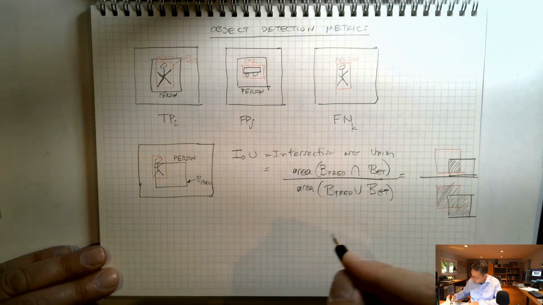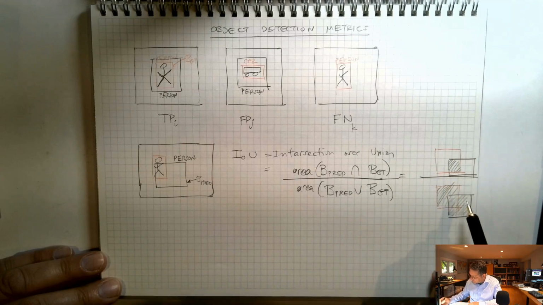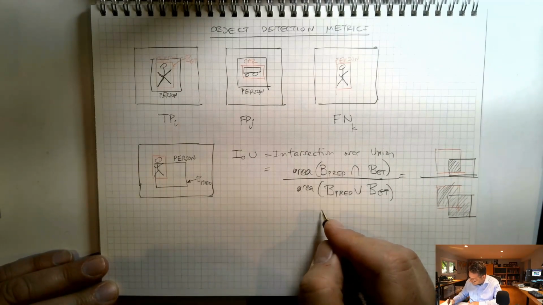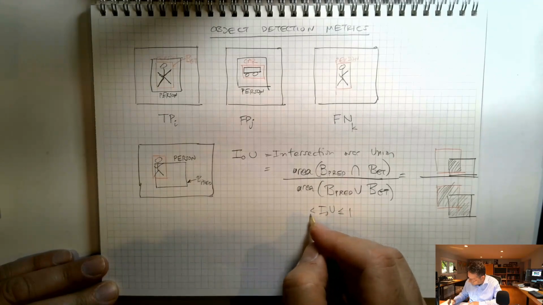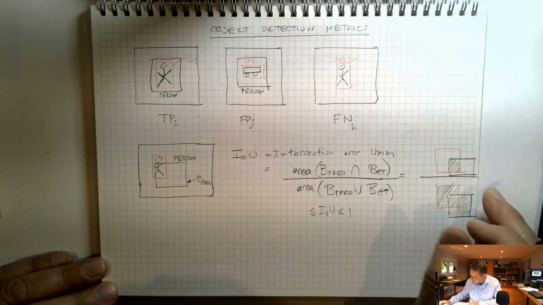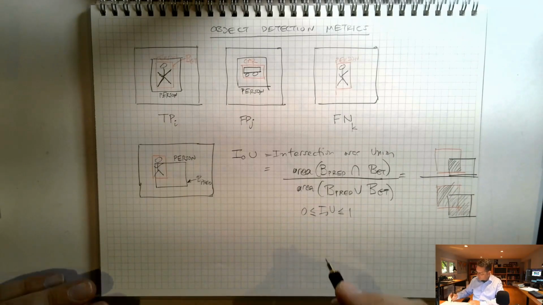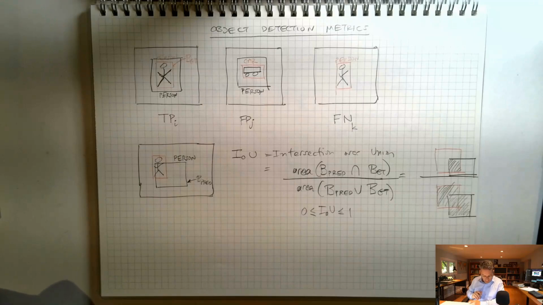So it's evident that when the two boxes are right on top of each other, I am going to have the highest IOU, which is going to be 1. And when the two bounding boxes are further away from each other, then I'm going to have the smallest IOU, which is actually 0.